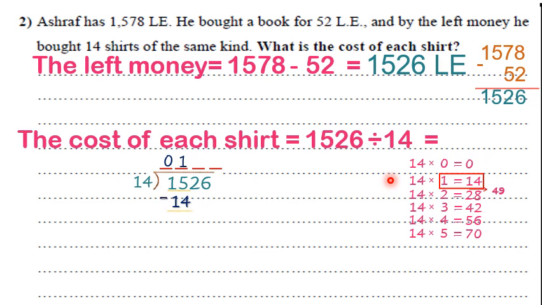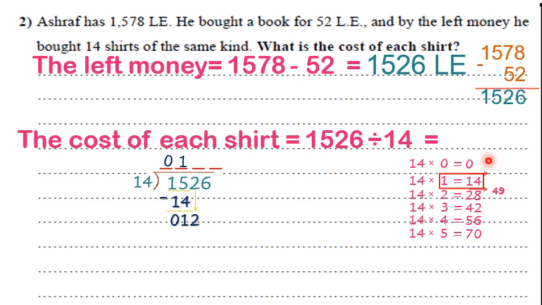So 1 times 14 equals 14. After multiplying, let's subtract. 5 minus 4 equals 1 and 1 minus 1 equals 0. After subtraction, let's bring down 2. Now 12 divided by 14 can't. Let's check the table. It's smaller, between 0 and 14.